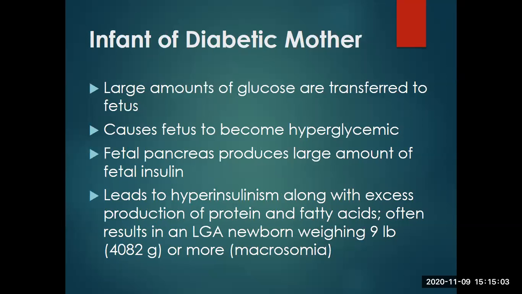Infants of a diabetic mother. Again, we went over this before in the other chapters, but just remember, large amounts of glucose are transferred to the fetus. It's going to cause the fetus to become hyperglycemic, and the fetal pancreas produces large amounts of fetal insulin, and this can lead to hyperinsulinism, and along with excess production of protein and also fatty acids often results in the LGA newborn weighing 9 pounds or more.